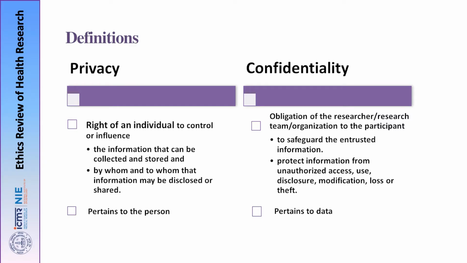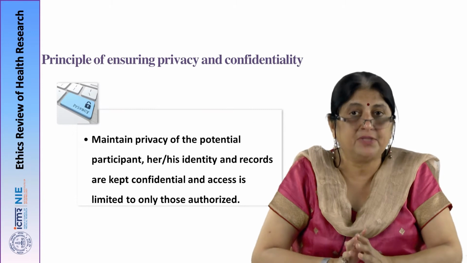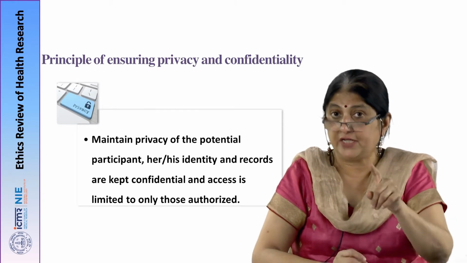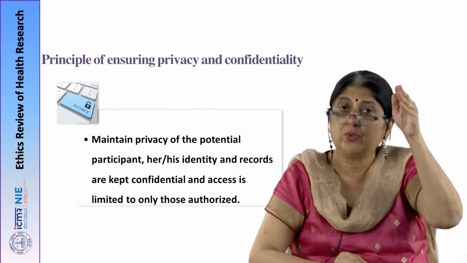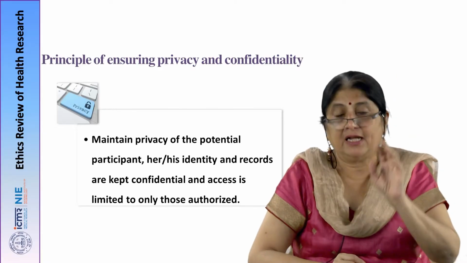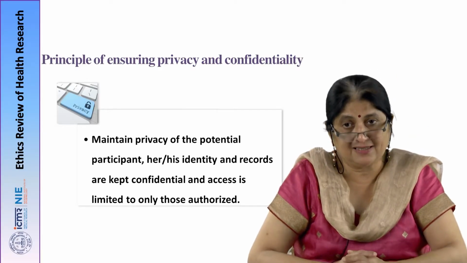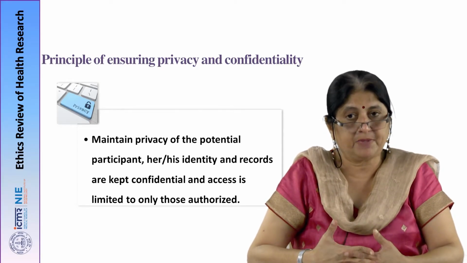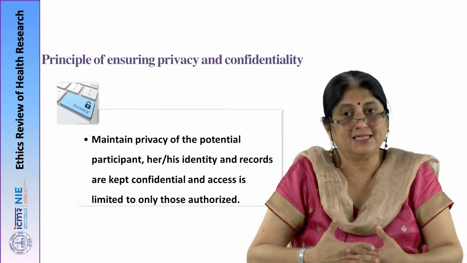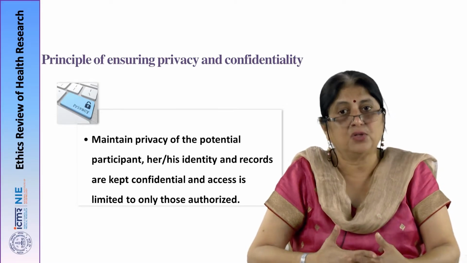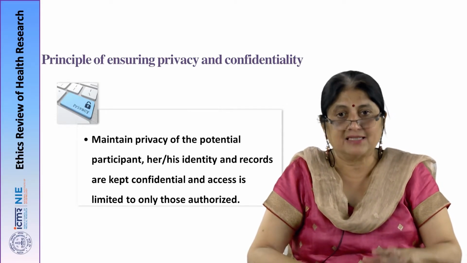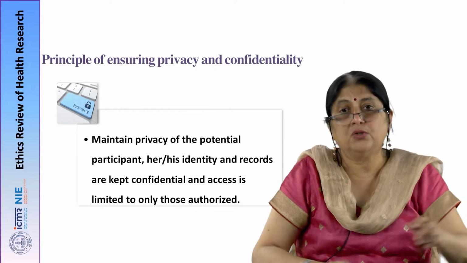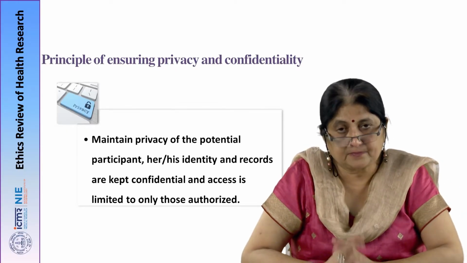This is very important to understand, and the principle of ensuring privacy and confidentiality comes as one of the important 12 principles enumerated in the ICMR guidelines, and says that you must maintain privacy of the potential participant, his or her identity, and keep his records confidential, keep access limited to only those who are authorized.